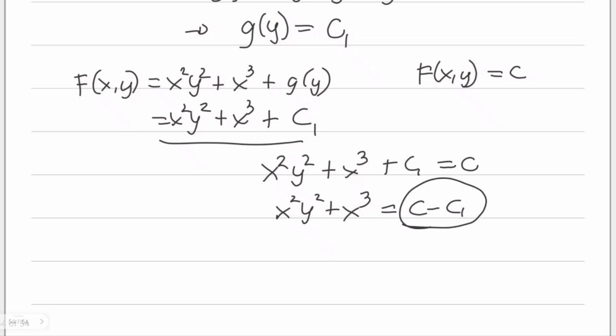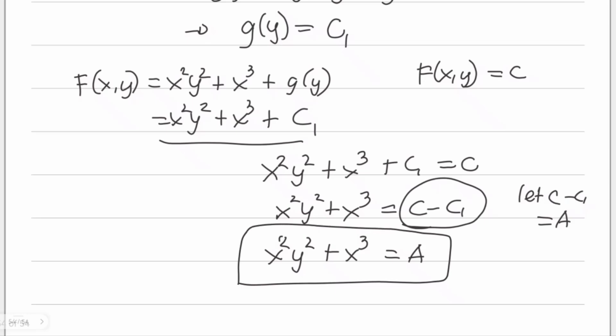Let c minus c sub 1 be equal to, let's just simply use a. So you will have x squared y squared plus x cubed is equal to a, where a is any constant. This is now the final answer of this non-exact differential equation.